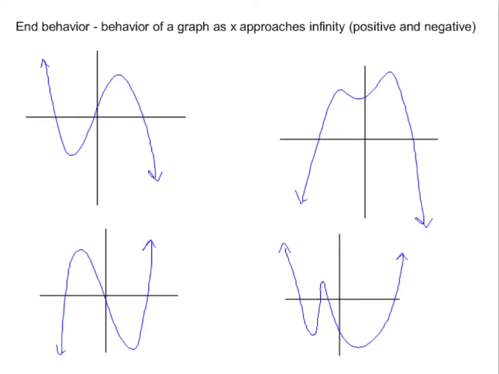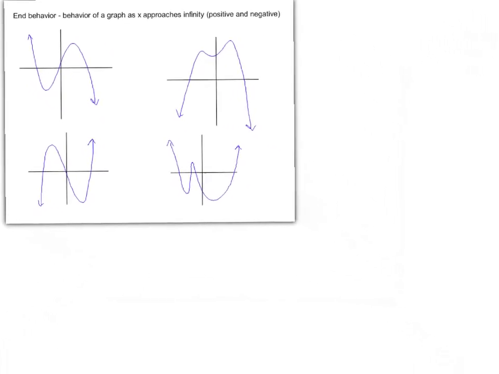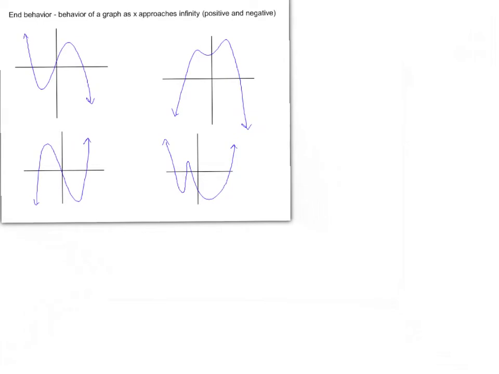So this is end behavior. So here are the 4 general ways in which a graph is going to look. And the end behavior is going to be discussing what happens as x approaches infinity, both positive infinity and negative infinity. So what we're going to do here is describe end behavior in a very general way.